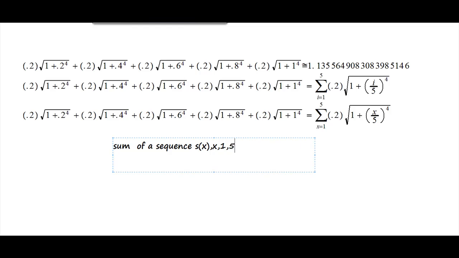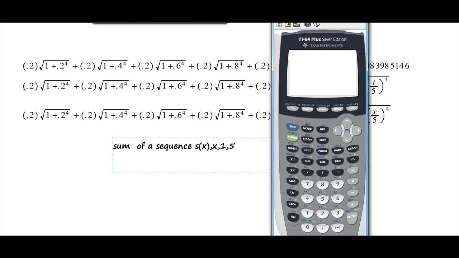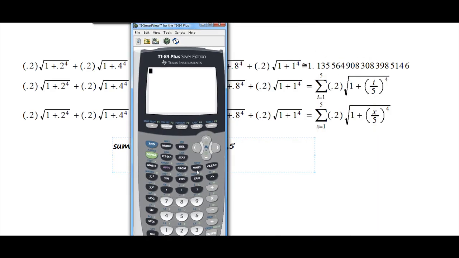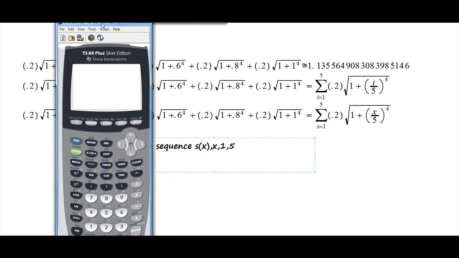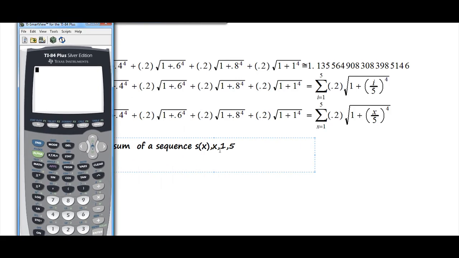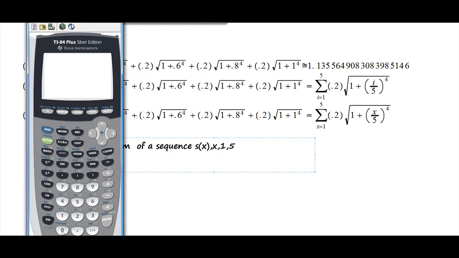All right, so let's pull up the calculator. It's right here. Now we want to compute the sum of this sequence given by this. We can look for these terms in the catalog, but in this case, if you just go to the list option, go to math, this sum is right here. Then go to list again, go to ops, the sequence is right here.